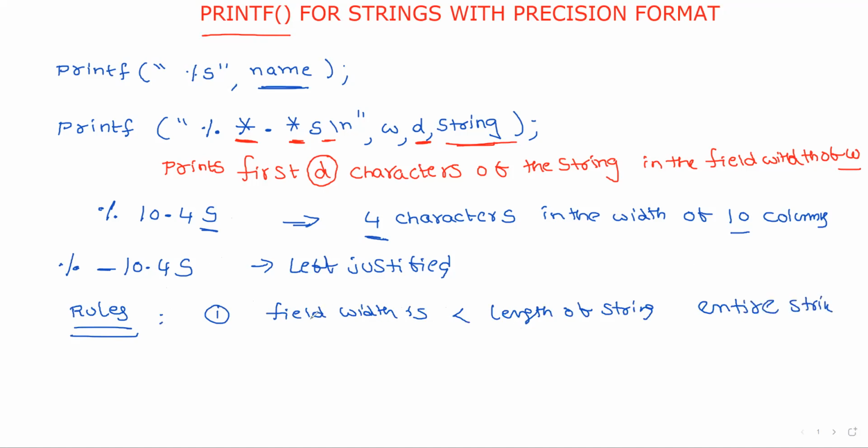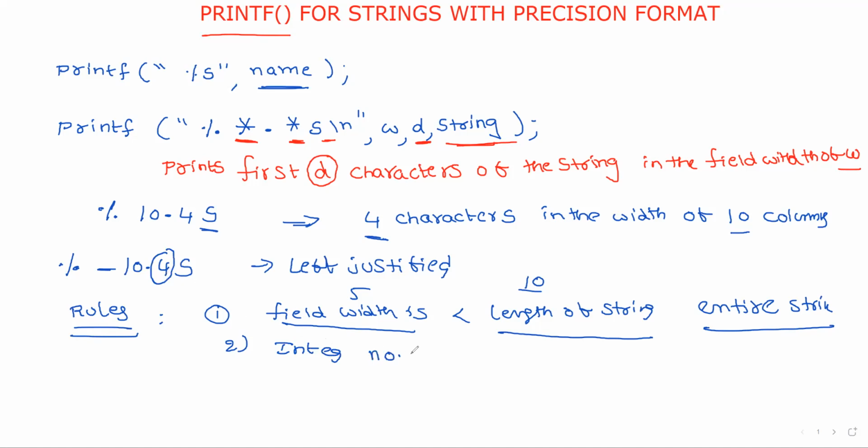Suppose the length of the string is 10 and the field width is 5; in this case it does not truncate, and the entire string is considered. The integer value placed after the decimal point specifies the number of characters to be printed.